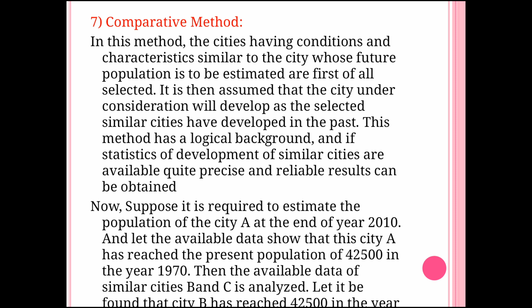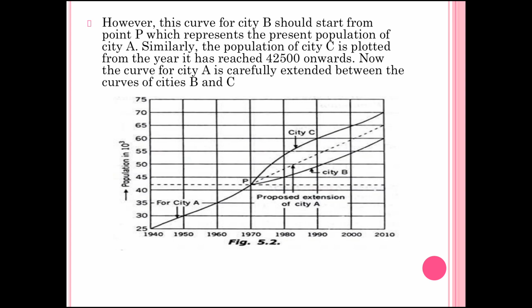Let it be found that city B has reached 42,500 in the year... Now let us see this diagram. This curve of city B should start from the point P. The point P, where the three different lines originate, represents the present population of city A.